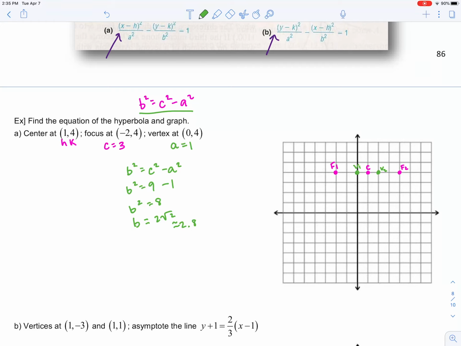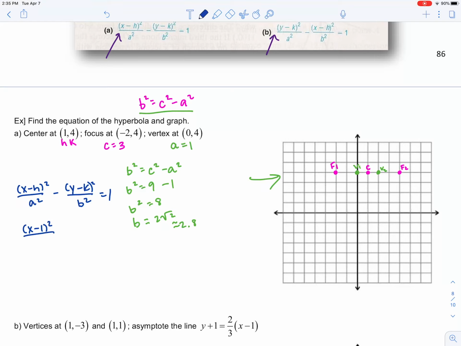So let's talk about the equation first, and we'll focus on finishing up the graph. So I can tell by this relationship over here that my transverse axis is horizontal. So I'm looking at a horizontal hyperbola. So a hyperbola of this form: x minus h squared over a squared minus y minus k squared over b squared equals 1.